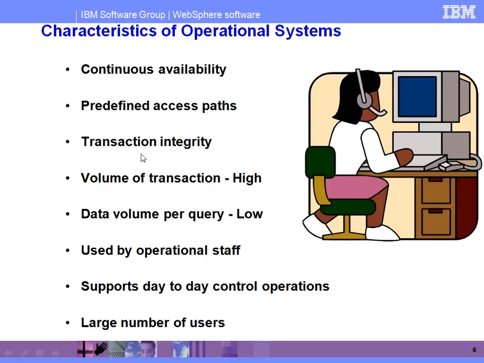The next one is transaction integrity. What is the meaning of transaction integrity? When we go for any operational system, these operational systems maintain the transactional data in an integrity format. Just a common example: today morning we went to one of the ATM centers.